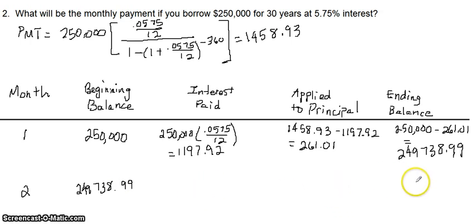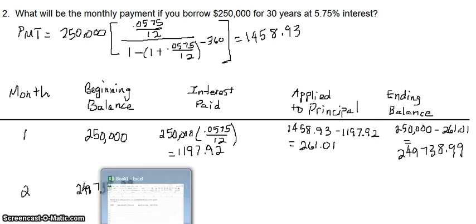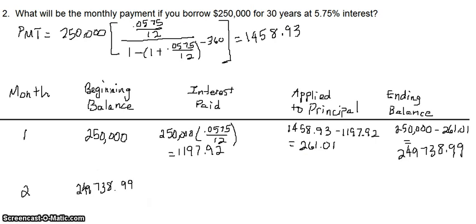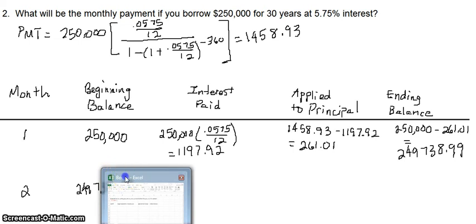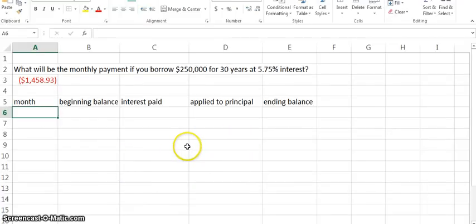And we'll have one of these rows for each of the 360 months of the loan. Now this is a drag to do by hand, and we won't do that. I'll just have you do maybe two months by hand.